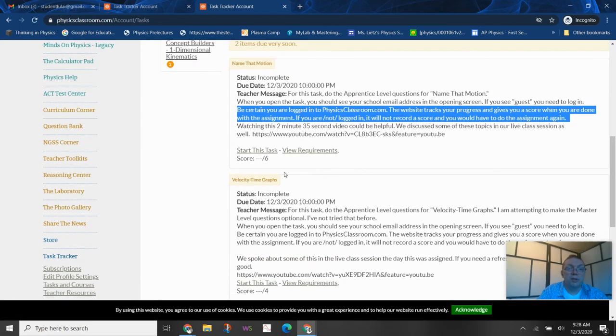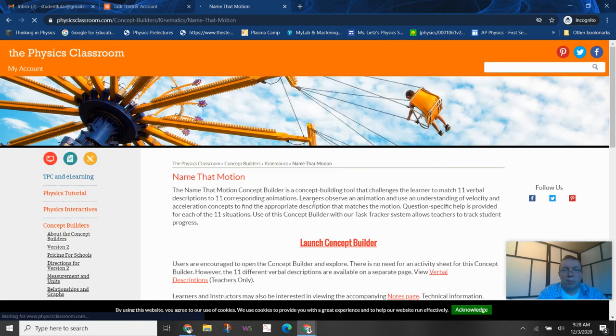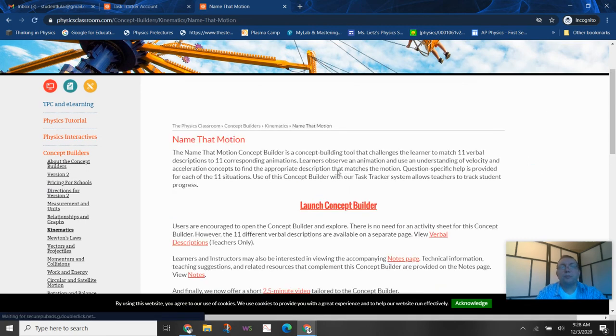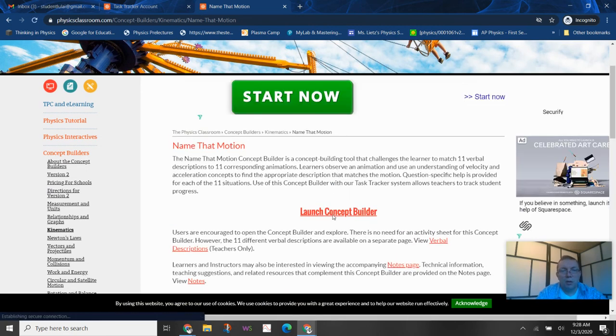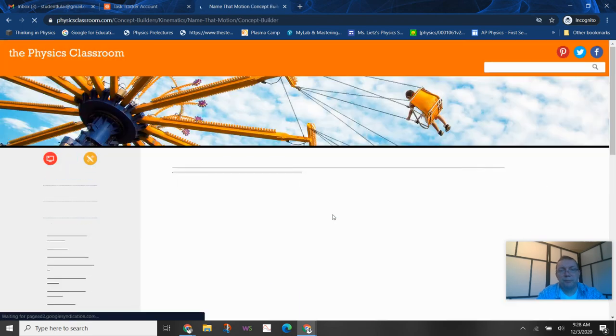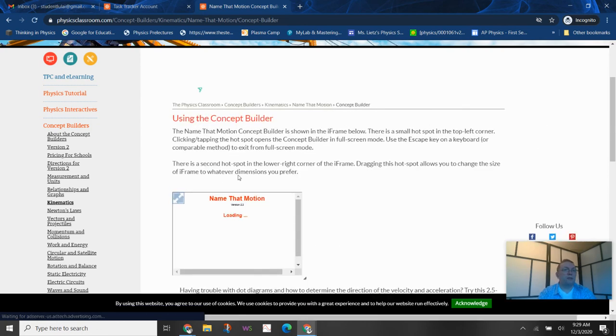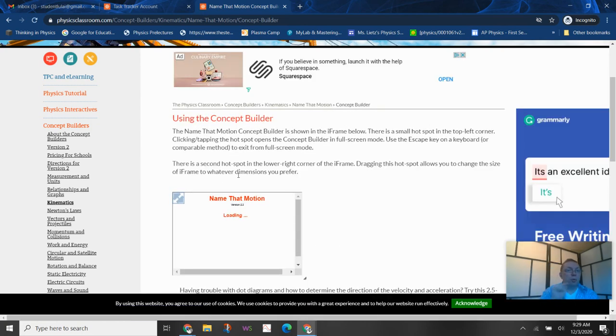To go through and do these things, you hit start this task, they pop up like this, and then it's launch concept builder. Clicky. And at this stage, this is the big spot. Some people will go right to the concept builders instead of going through the my account part.